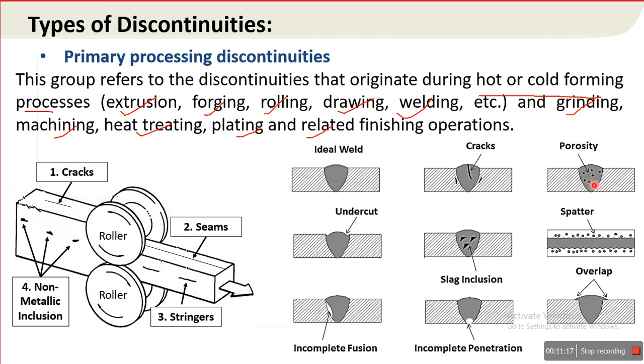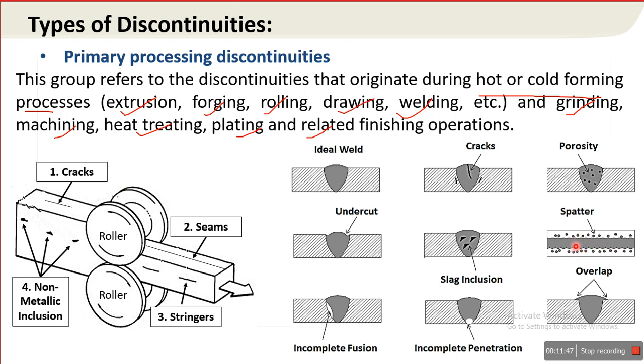Porosity, it is due to improper selection of welding rod and oxidation during the welding. This is undercut, this is manual error. This is slag inclusion, it is an inclusion of impurities inside the weld. Spattering, it is near the welding joint.